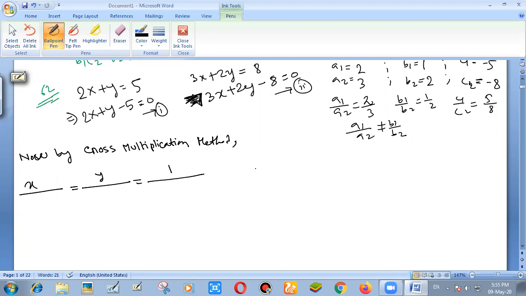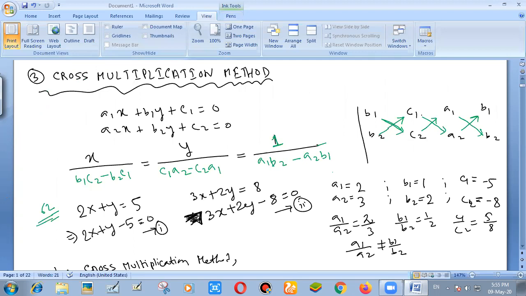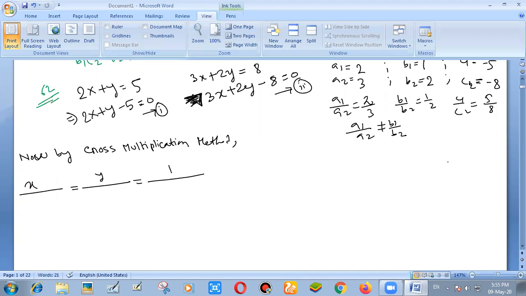Here I have done this format: b1, b2, c1, c2, a1, a2, b1, b2. That means b1, b2, you have to first write down the coefficient of what? B1 means coefficient of what? X or y? Tell me, b1 is the coefficient of x or y? Y. Yes, so first you have to identify the coefficient of y, that means b1.